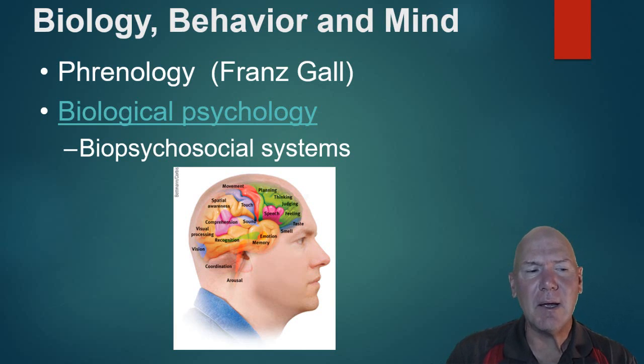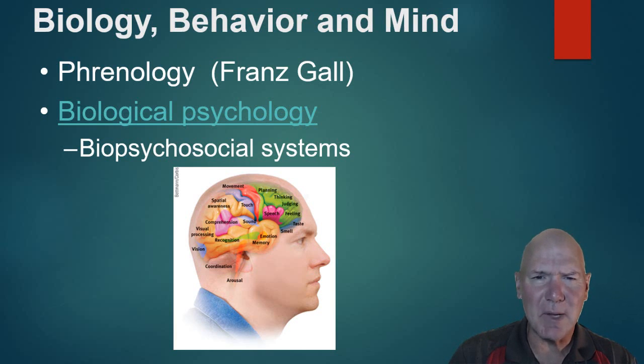Originally, the first guy really to put together that different parts of your brain may do different things, like they specialize in certain things, was a guy named Franz Gall. This was a long time ago, and he was actually a very smart man, and he was attending his college classes, and he thought, there are people that aren't as smart as me that are getting better grades in here, and he wondered why.